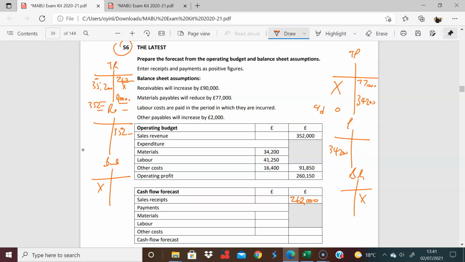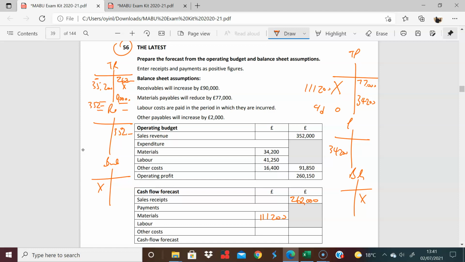So that's 77,000 plus 34,200, which is 111,200. Materials 111,200. That's what's happened. So you've not only paid off what you owe in that period, but you've also paid what you owed in previous periods.